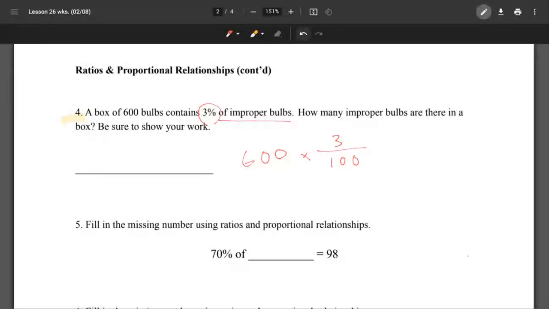So we're going to do 3 over 100, because that's 3%. So 600 times 3 is 1800, and then that's over 100. We can cancel out the zeros, and so 18 over 1 equals 18. So 18 bulbs are improper bulbs.